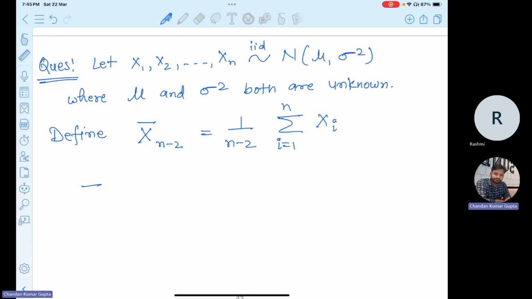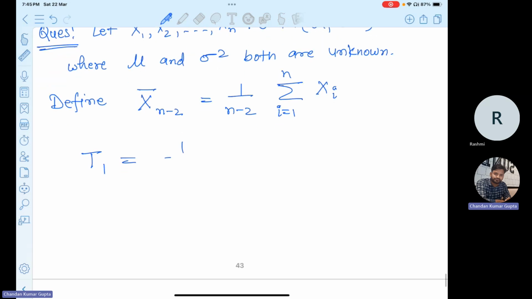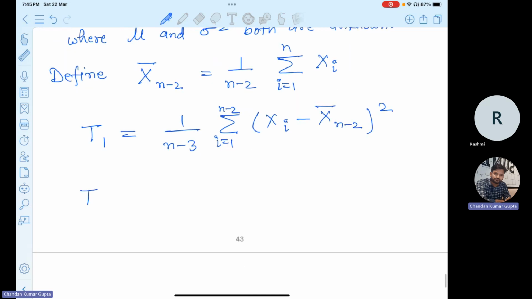We also define some statistic. T1 is defined as 1 upon n minus 3 summation i from 1 to n minus 2 of (xi minus x bar of n minus 2) whole square. Also, we define another statistic. I am saying statistic, which means it is a function of sample values.